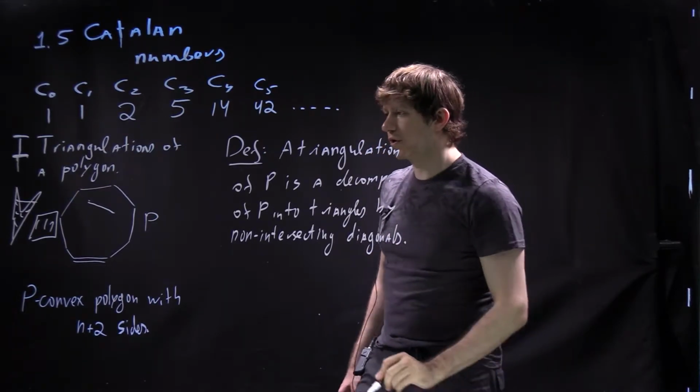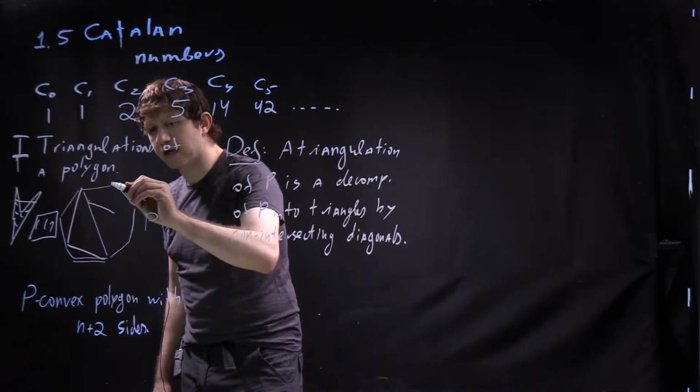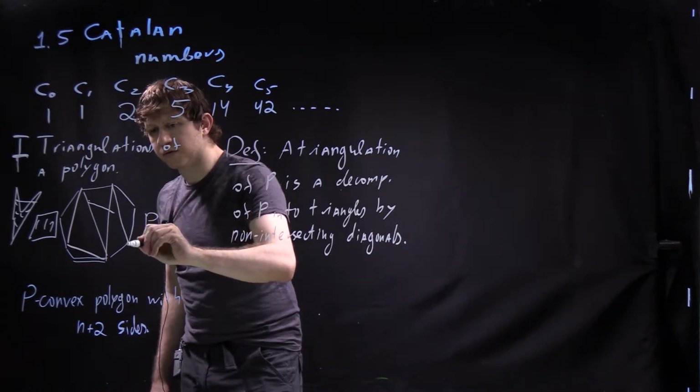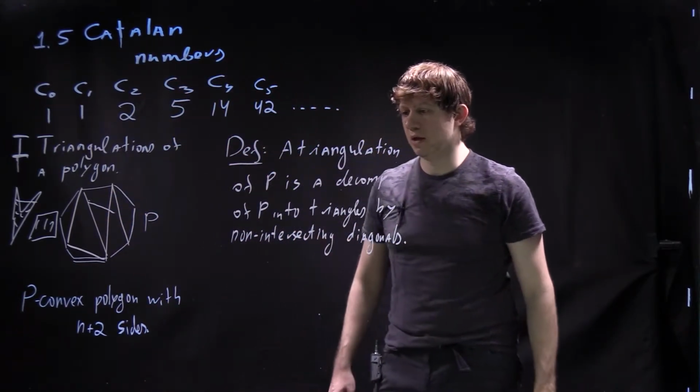So let's draw a triangulation of this one, something like this, maybe this. Just draw a collection of diagonals so that they cut it into triangles.